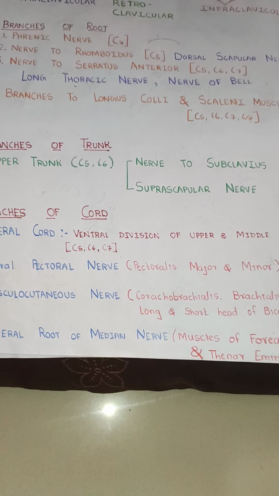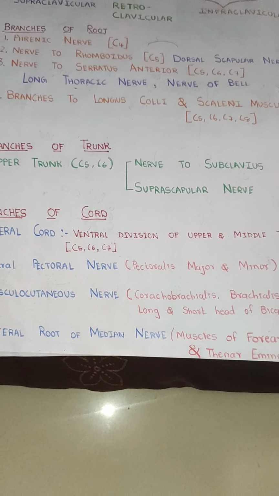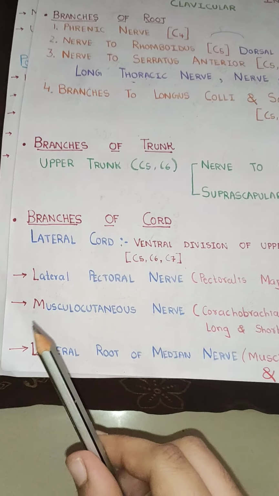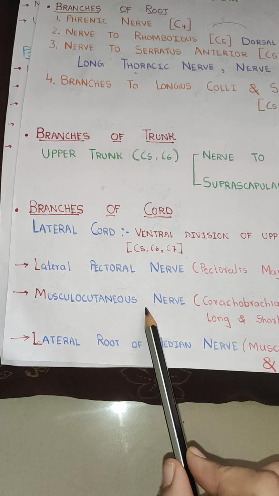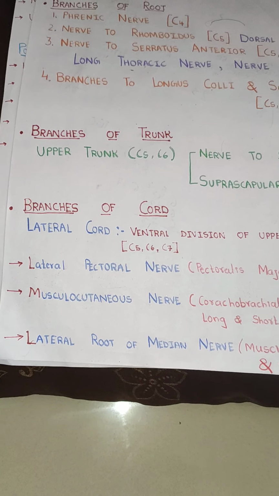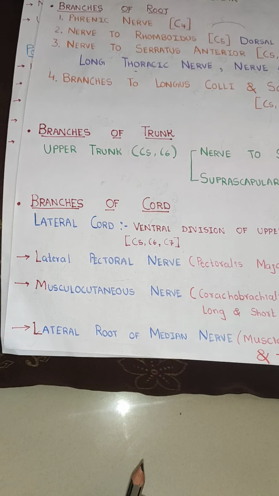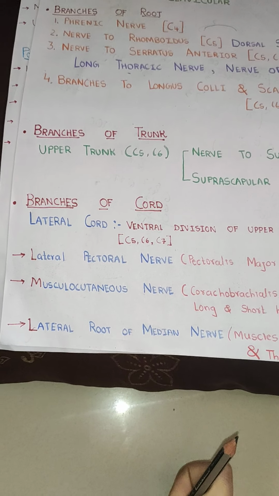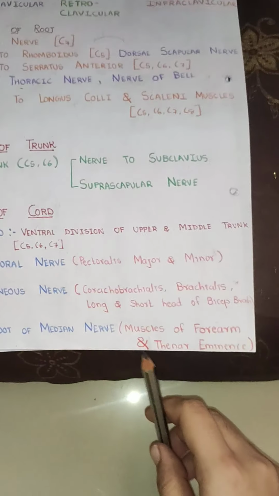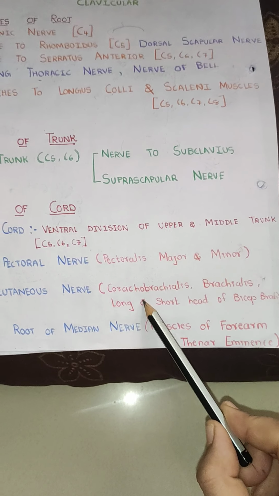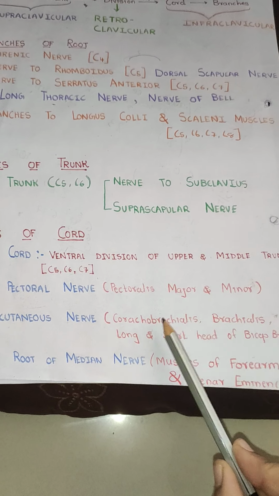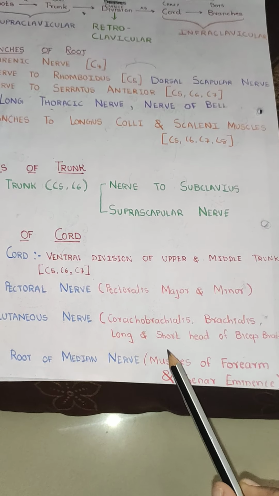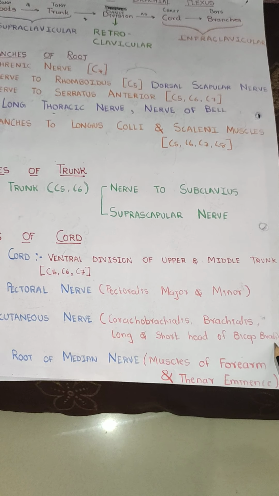They are pectoralis major and pectoralis minor. Musculocutaneous nerve, as the name suggests, passes through muscle and reaches to the skin. It supplies the muscles of arm, that is coracobrachialis, brachialis, and long and short head of biceps brachii.